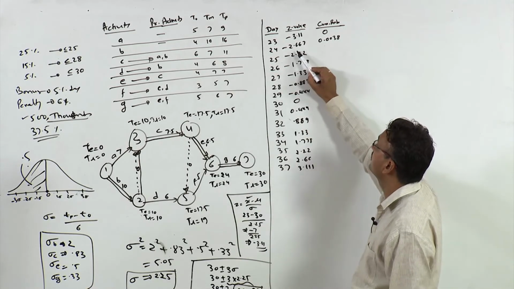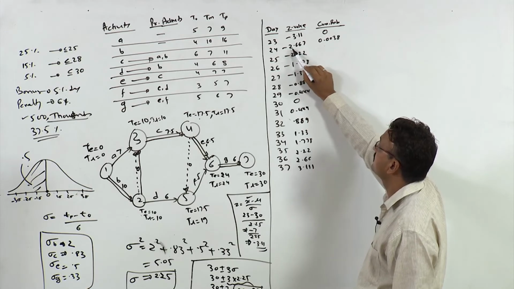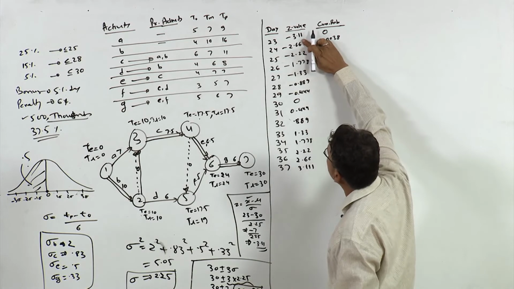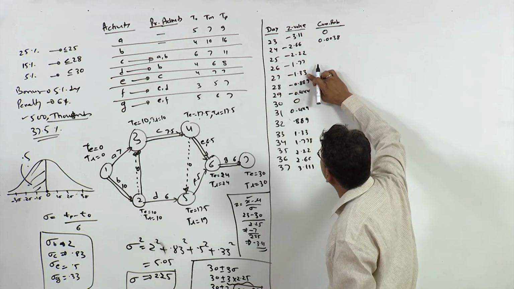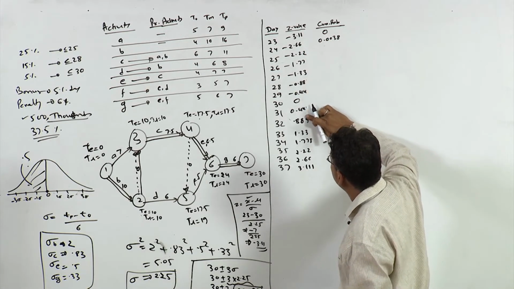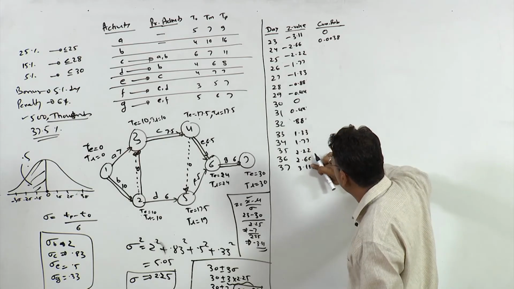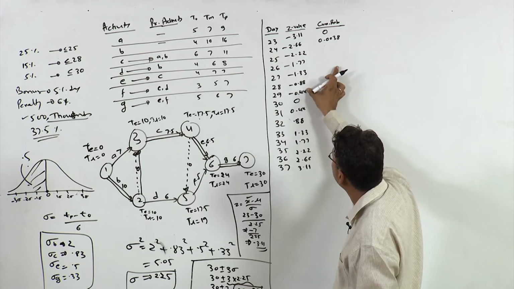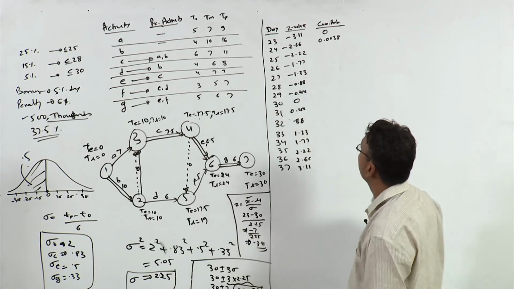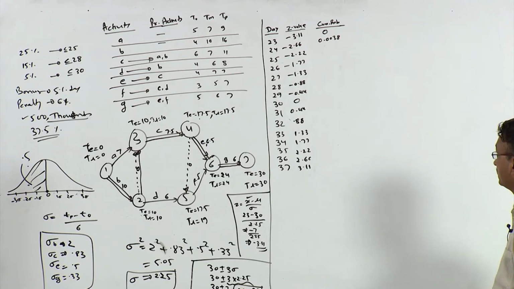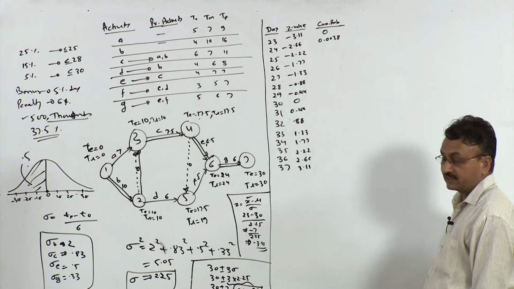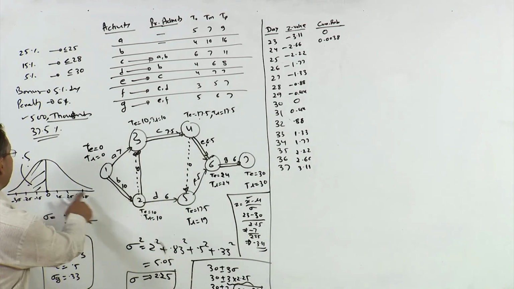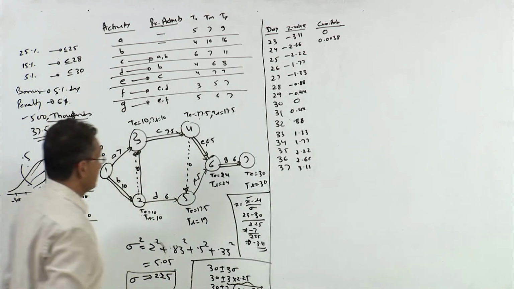Do not use minus 2.667, only up to 2 digits would suffice. You can delete all these. For easy calculation you can remove the 3rd digit after the decimal point, right? So this would be your cumulative probability, and as I said, when you move towards this side, the area under the curve would increase, right.